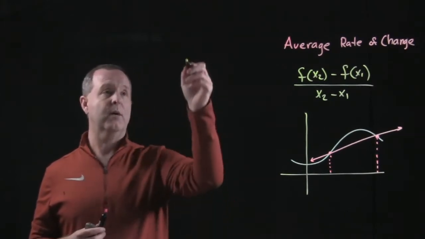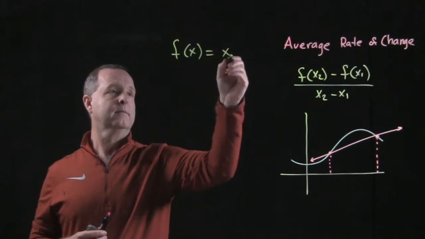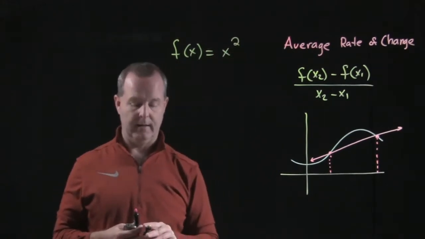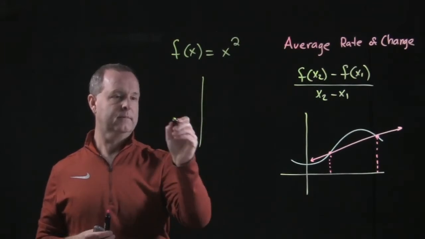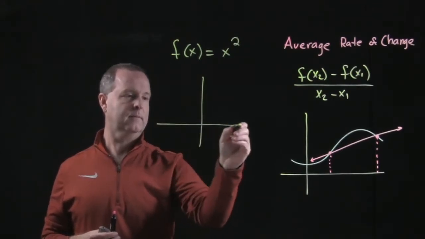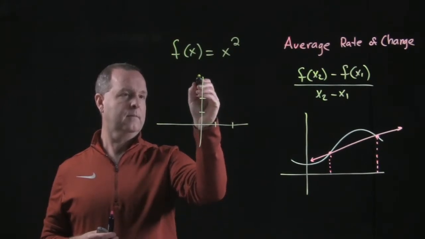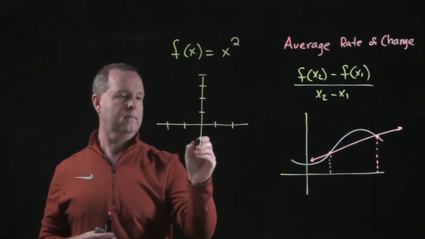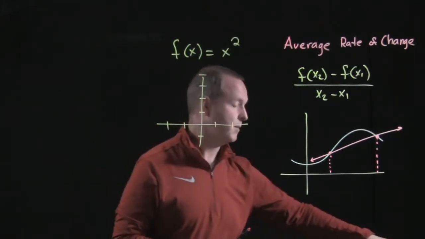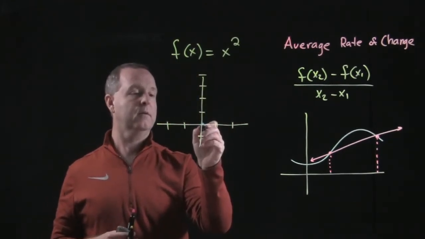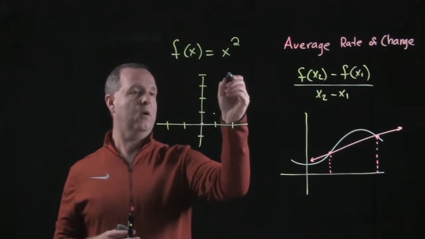A common function that we're going to become real friends with is x squared. The graph of x squared goes through the points (0, 0), (1, 1), and (2, 4).